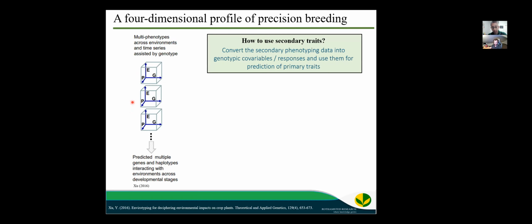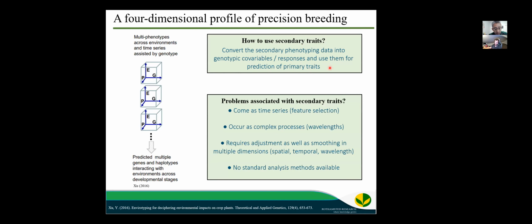And how we can use this, again, we have to convert the secondary phenotyping data into genotypic variables, responses, and use them for prediction of my traits. What are the problems associated with it? Again, it comes as time series. Is it needed to do feature selection or not? And then how is the correlation between the traits, and many other questions?